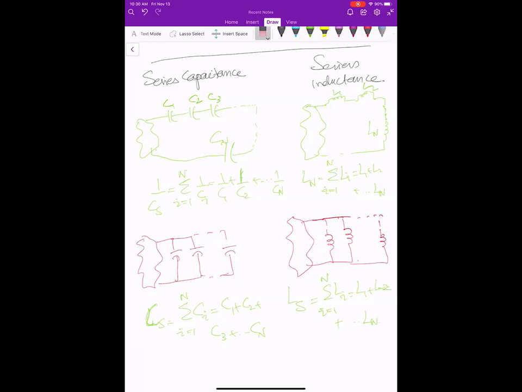No, that's not right. This should be opposite. So this should be 1 over Ls equals 1 over L1 plus 1 over L2 up to 1 over Ln. So that's how you can find the inductors and capacitors.